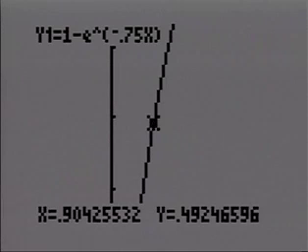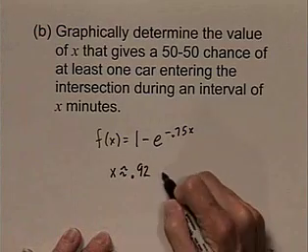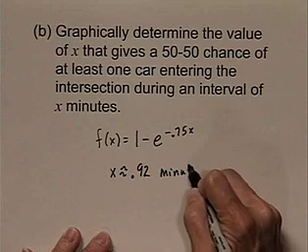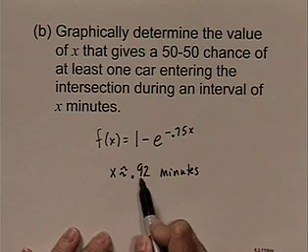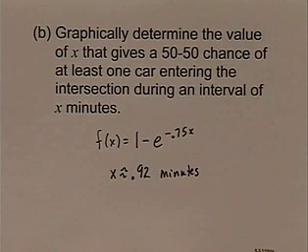Let's go between those two values and say that x is about 0.92, somewhere between 0.90 and 0.95 minutes. So over the course of 0.92 minutes, there's a 50% or a 50-50 chance of at least one car entering the intersection. Well, in this lesson, we did a number of things with exponential functions. Be sure to work lots of exercises from your textbook for practice.